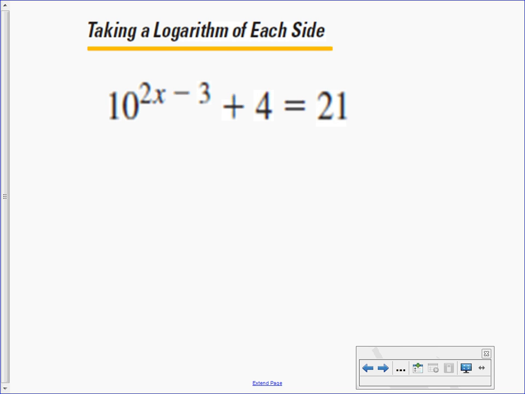10 to the 2x minus 3 plus 4 is 21. Subtract the 4. Good. Very good.